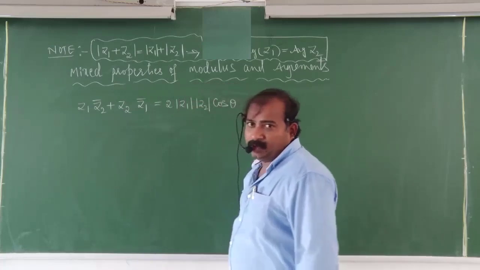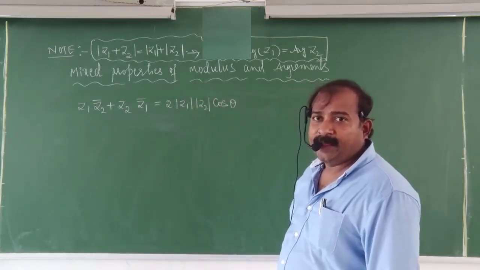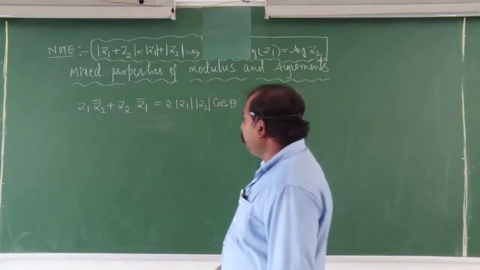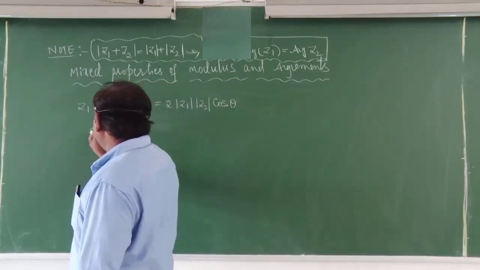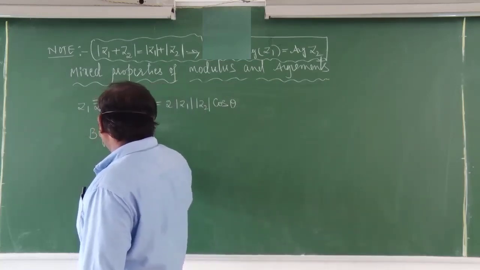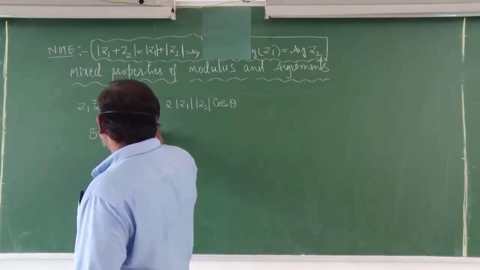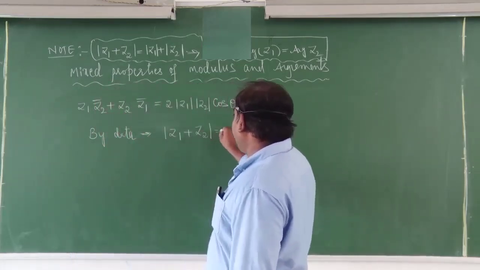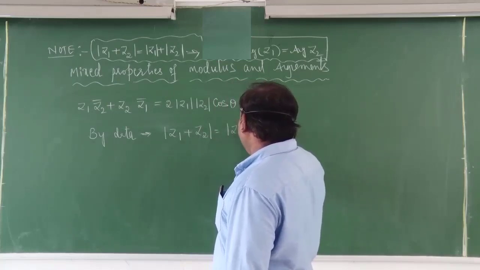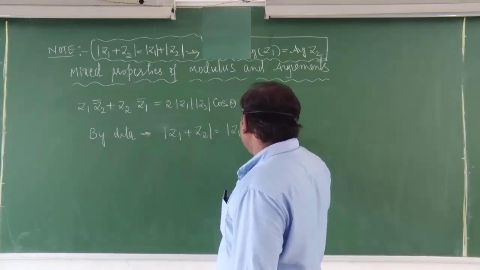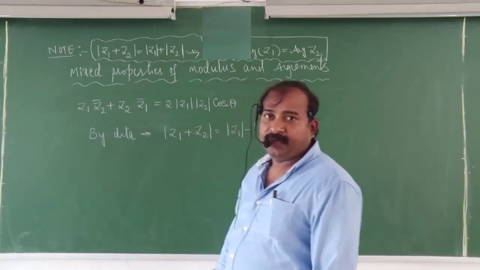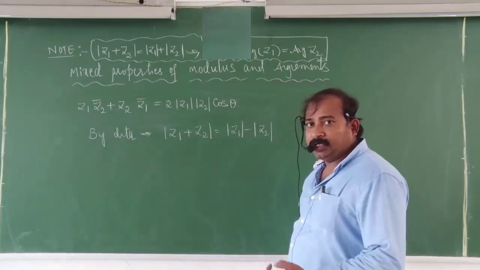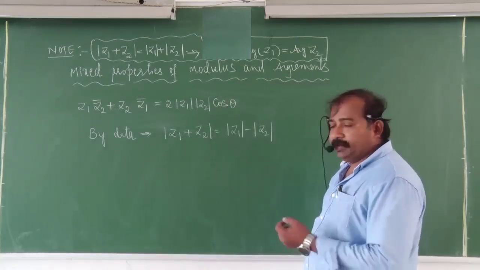I hope that this is the value you get. Okay. Now by data, what they gave: modulus of z1 plus z2 equals modulus z1 minus modulus z2. This is the condition they gave. The difference between the moduli of the complex numbers they gave like this.